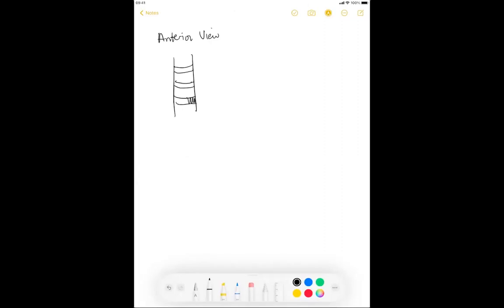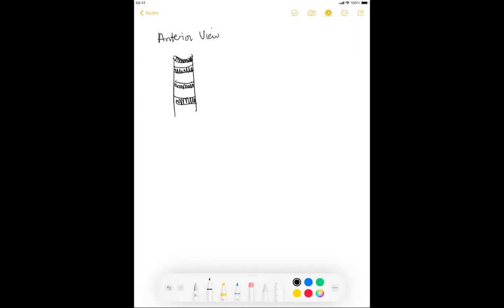If you look at an anterior view, you'd see the trachea, and there would be these cartilaginous rings along the length of the trachea.